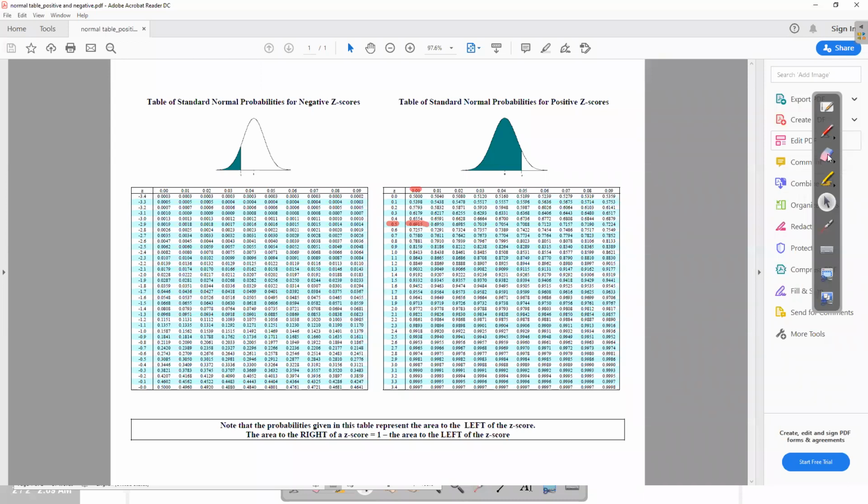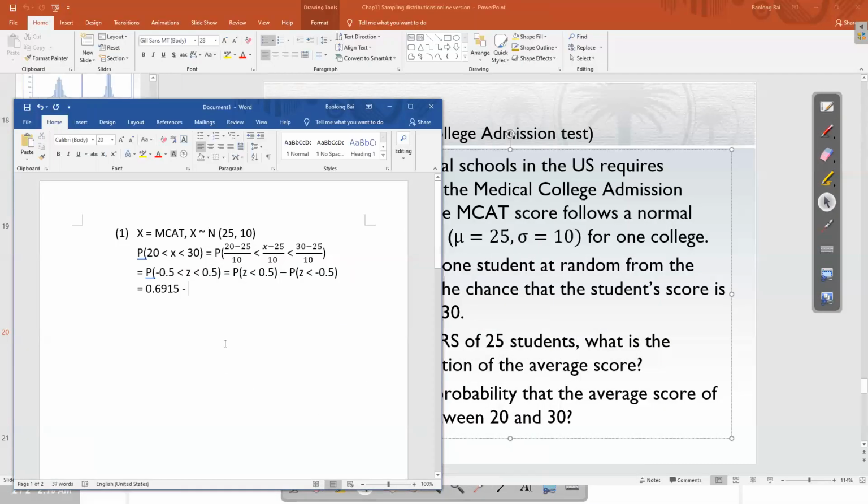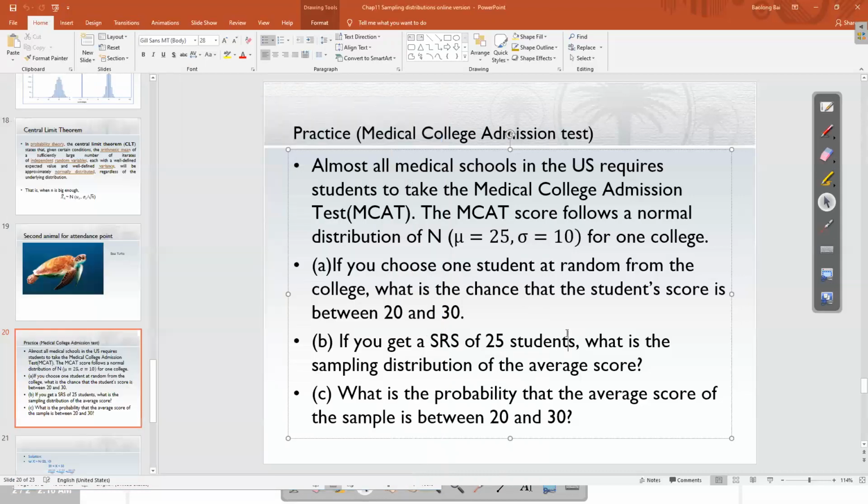We look for negative 0.5, here, 0.50, and it's 0.3085. And then we do the math: 0.383. So that's part one. There's nothing new. This is just a typical normal distribution.